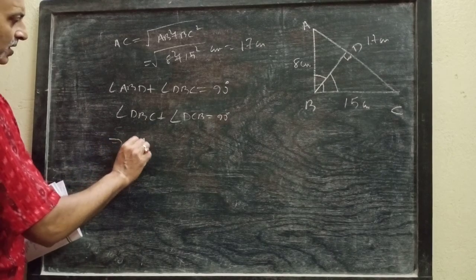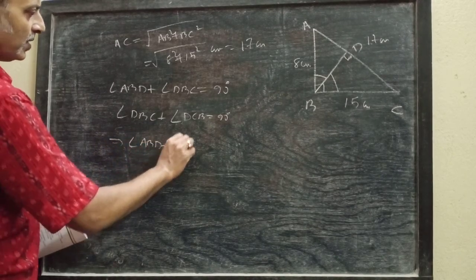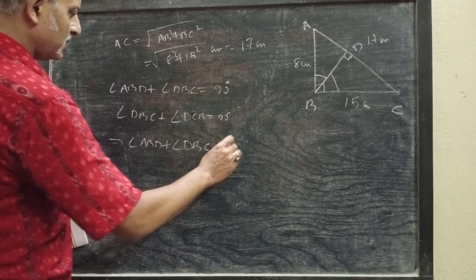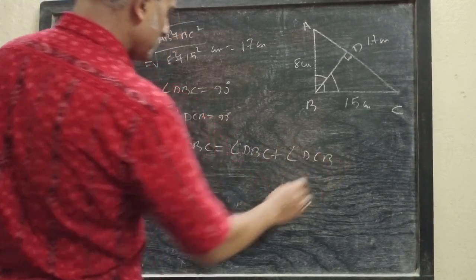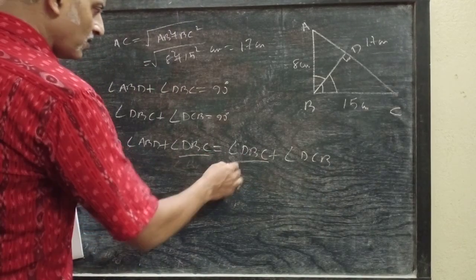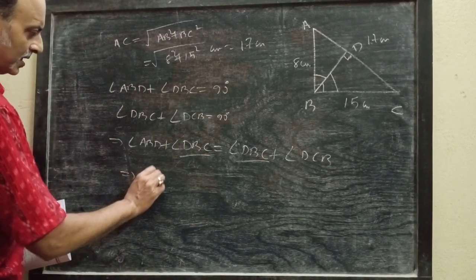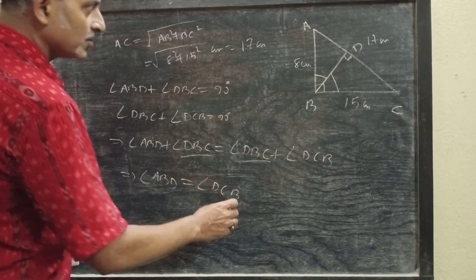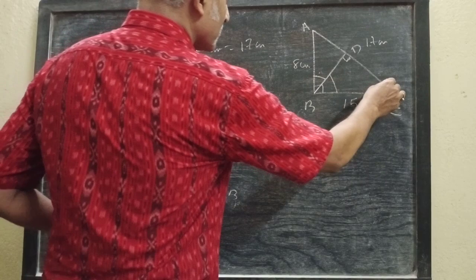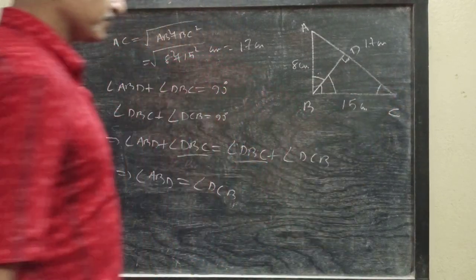That implies we can write ABD plus DBC equals DBC plus DCB. Look, DBC will be cancelled from both sides, so you get ABD equals DCB. So this angle actually goes to this angle.